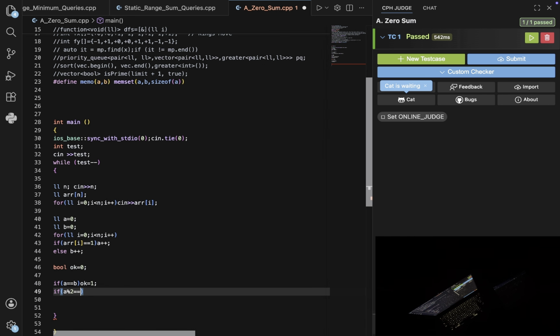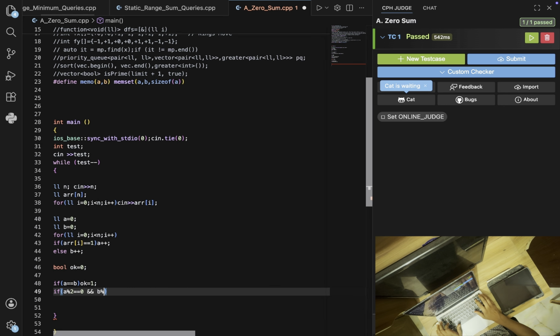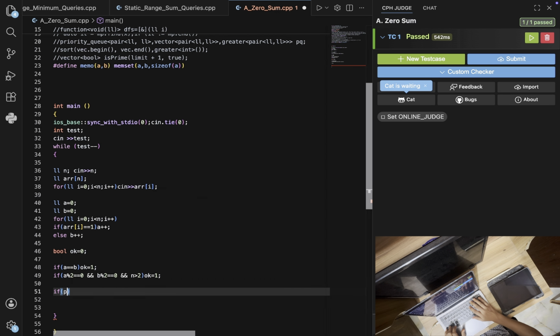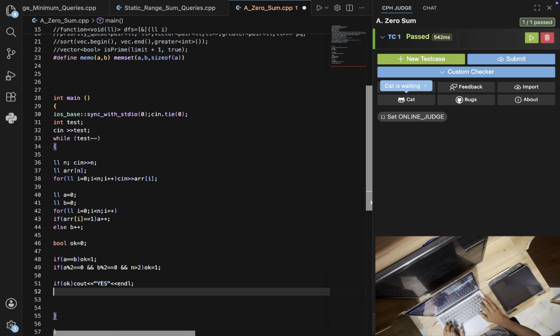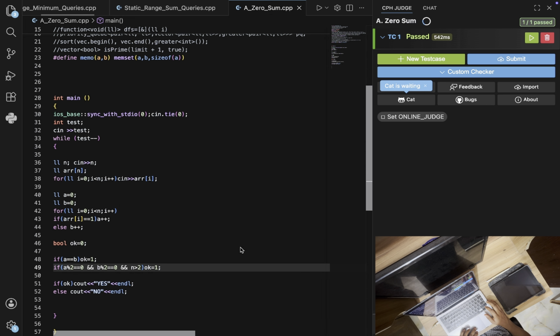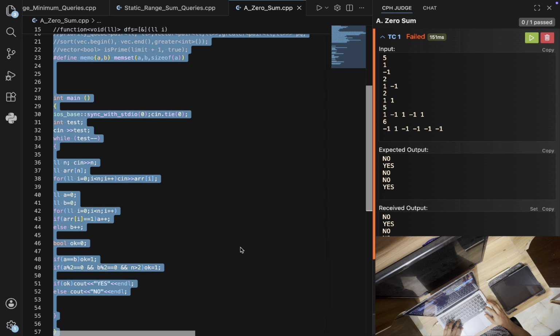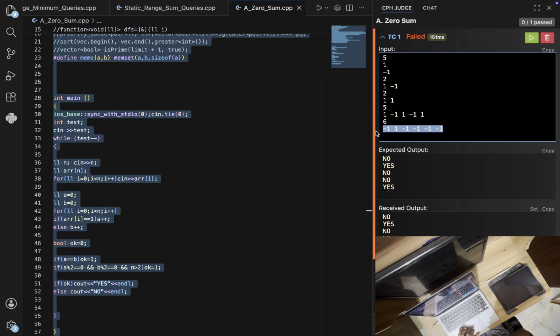If it's 0 and zero and get up then 2. No, yes, no, last one got 1. Somehow it's getting accepted.